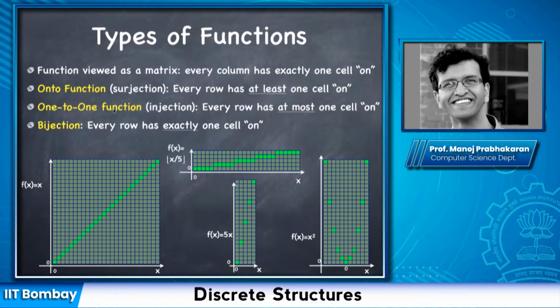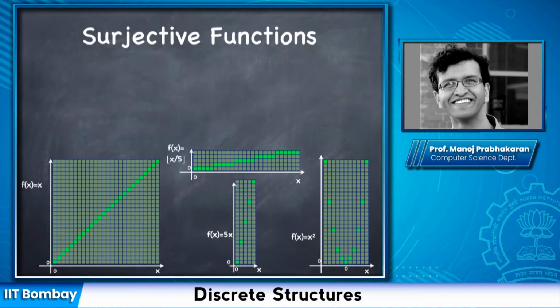The one-to-one function, on the other hand, says every row can have at most one cell switched on. And a bijection says every row should have exactly one cell switched on. Okay, so that's in a nutshell the three different kinds of functions we will talk about, but let me expand on that. So first, surjective functions, or onto functions.